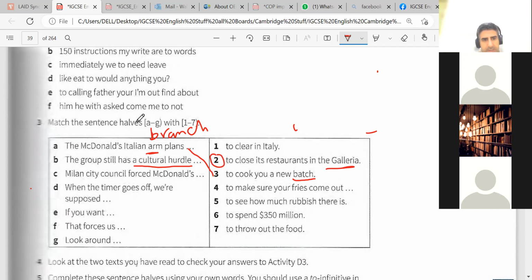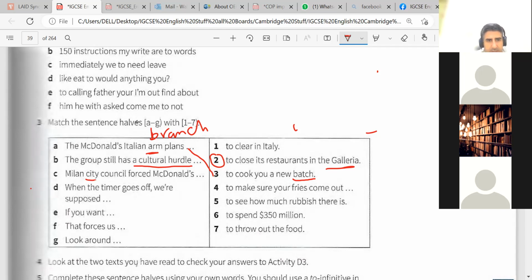Khalid, Milan City Council forced McDonald's, quickly please, to spend $350 million. Which one? Or to clear in Italy. Can be number 6 or 1. Number 6, to spend million or to clear in Italy.